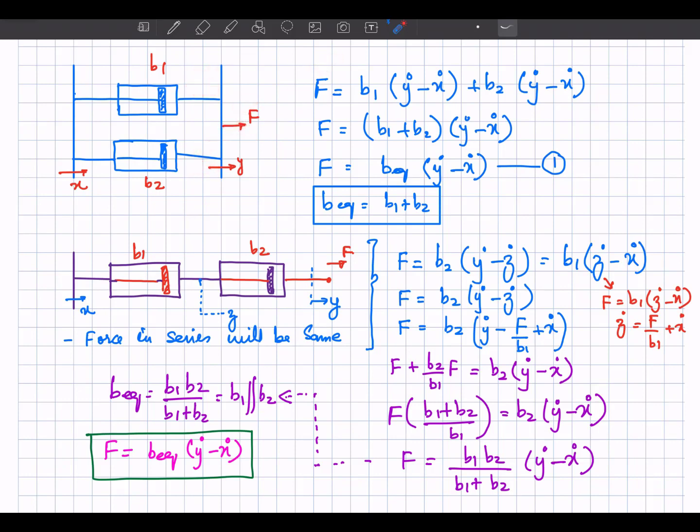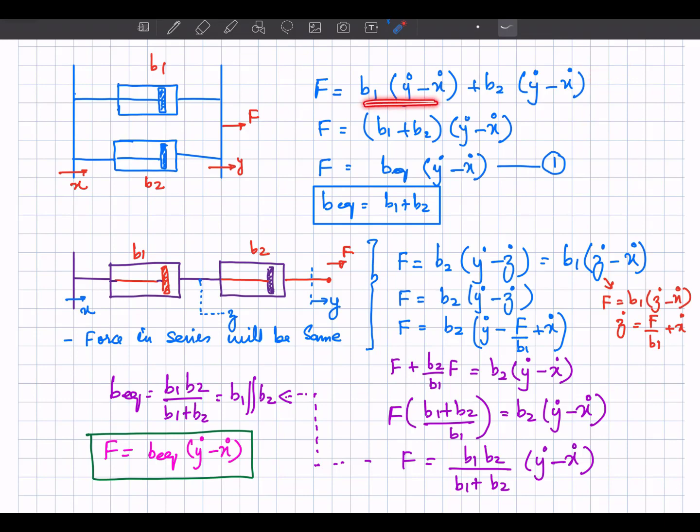So F is equal to B1 into Y dot minus X dot. Y dot is the velocity at this end and X dot is the velocity at this end. So the velocity difference defines the force across the dampers B1 and B2. Okay, so we can write it like this.